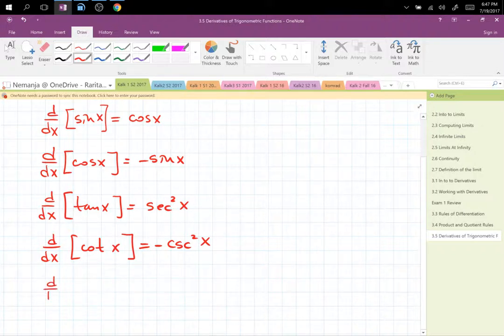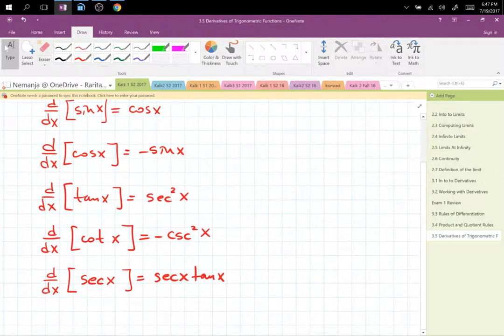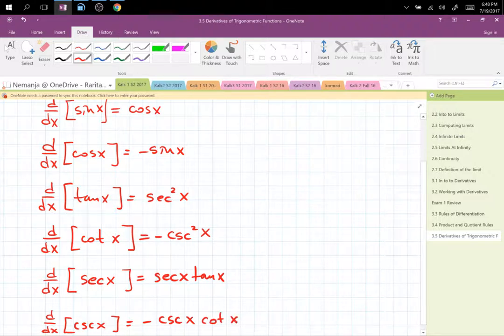So the next is the derivative of secant x, which is secant x tangent x. And the last one is the derivative of cosecant x, which is negative cosecant x cotangent x.